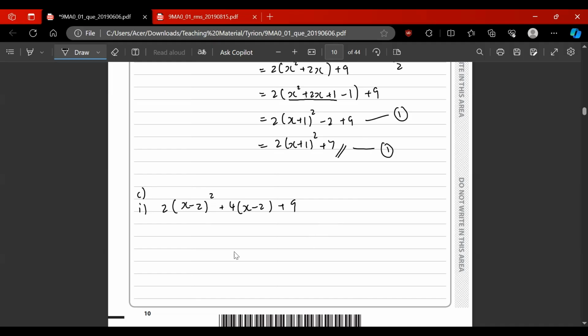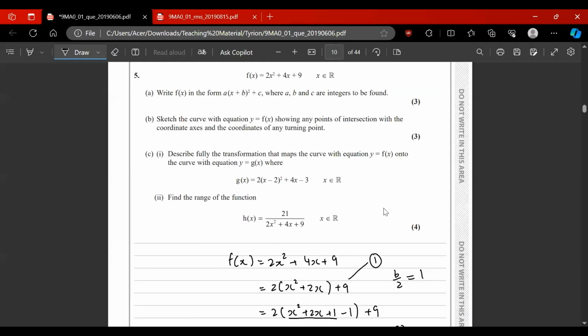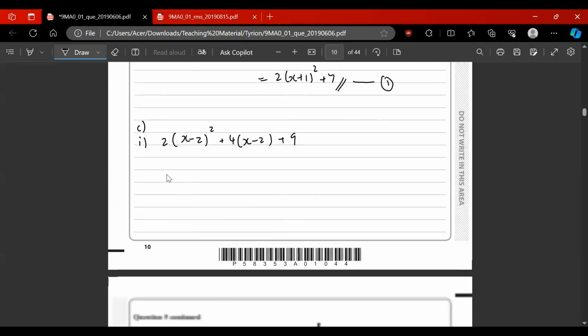Now if I expand this, obviously I can leave the first part the same because that's what they've given in the function as well, x − 2. So then 2(x − 2)² plus 4x − 8 + 9. Right, so then 2(x − 2)² + 4x becomes + 1.